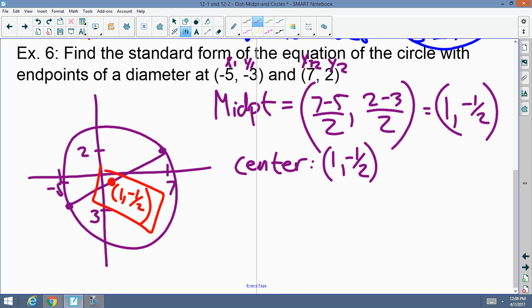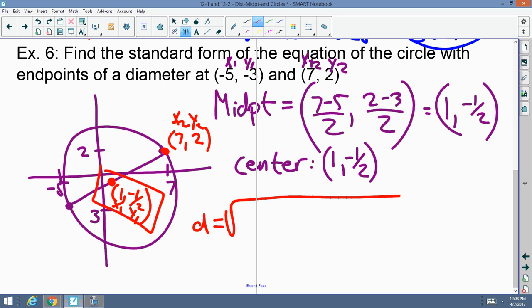You want to just do the radius one? Okay. So let's do this. This is your x1, y1, and this point here, which is 7, 2, is x2, y2. So my distance equals the square root of x2 minus x1 squared plus y2 minus y1 squared.